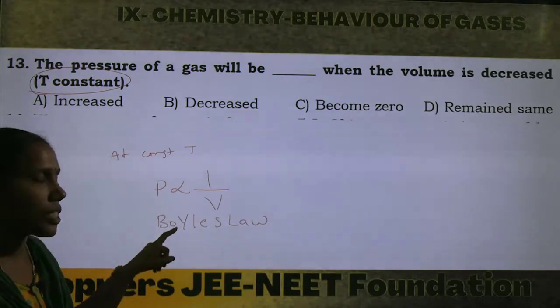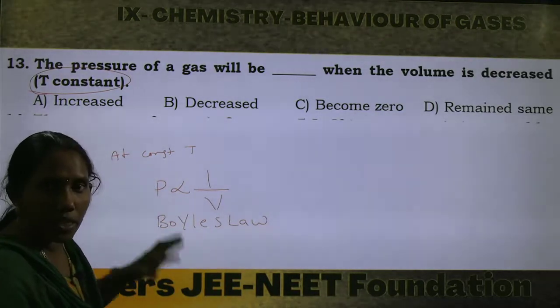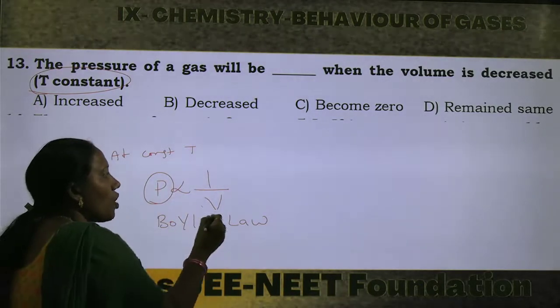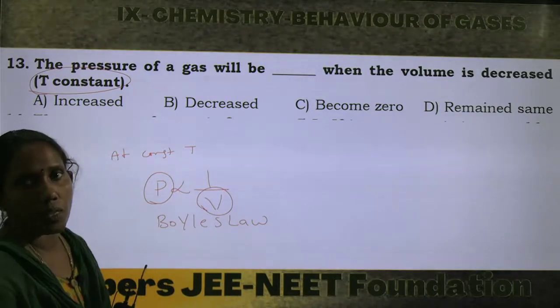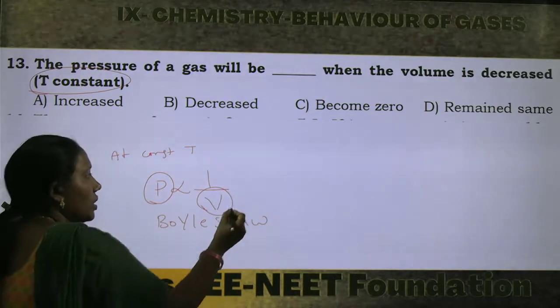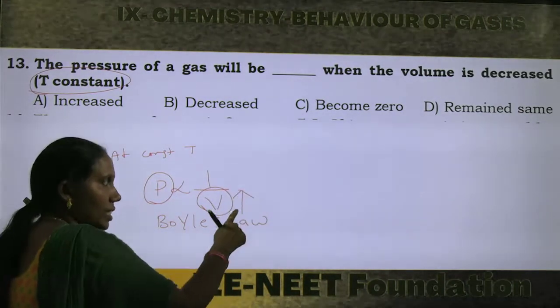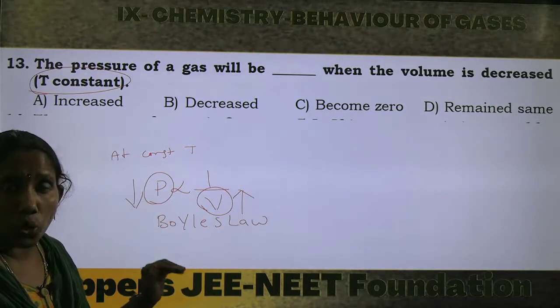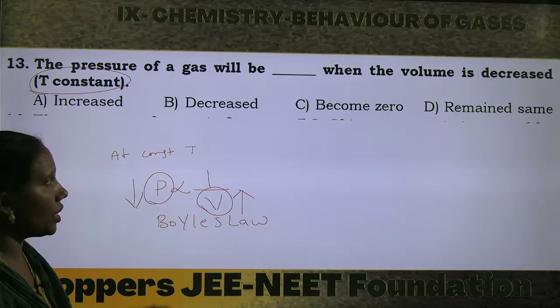At constant temperature, the pressure of a gas is inversely proportional to its volume. Inversely proportional is nothing but, if the pressure of the gas increases, obviously the volume of the gas decreases. If the volume of the gas increases, then the pressure of the gas will decrease. Both are inversely proportional to each other.